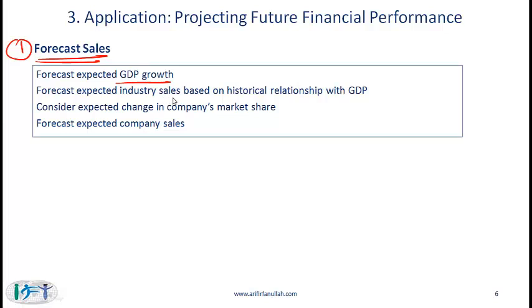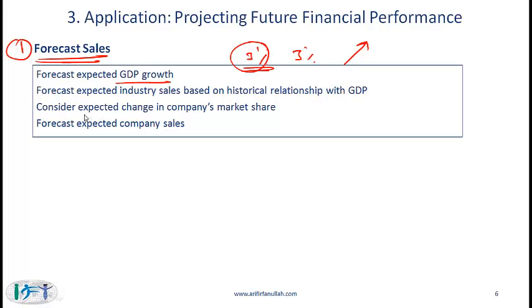So if historical data tells us that a 3% increase in GDP corresponds to a 3% increase in sales, then we use that. In some industries, a 3% increase in GDP might have a much higher increase in sales numbers. This relationship between increase in GDP and the company sales or the industry sales is available by looking at historical data and doing regression analysis.